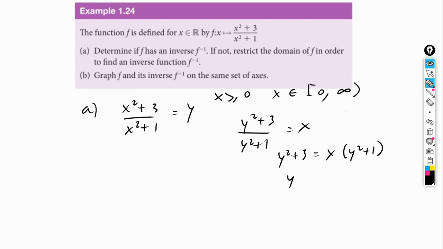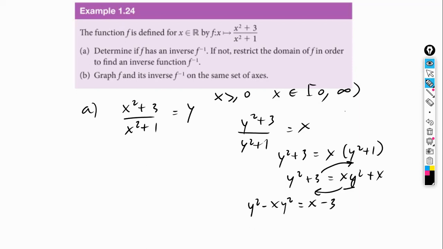So we get y squared plus 3 is equal to x y squared plus x. So now let's bring this to this side of the equation, and let's put that on the other side of the equation. And we're going to get y squared minus x y squared is equal to x minus 3.